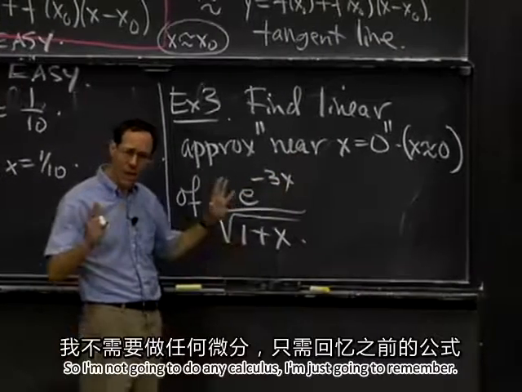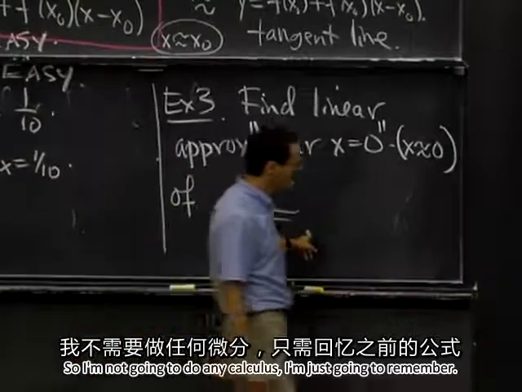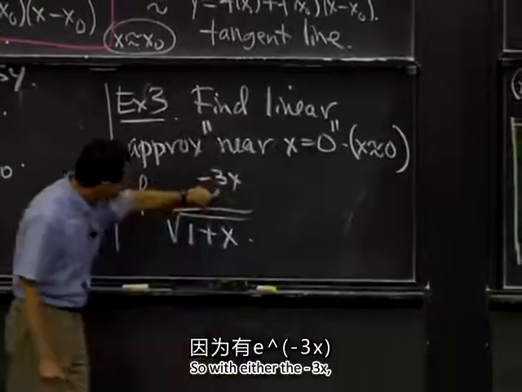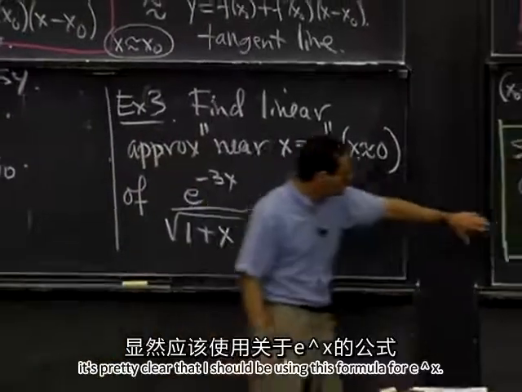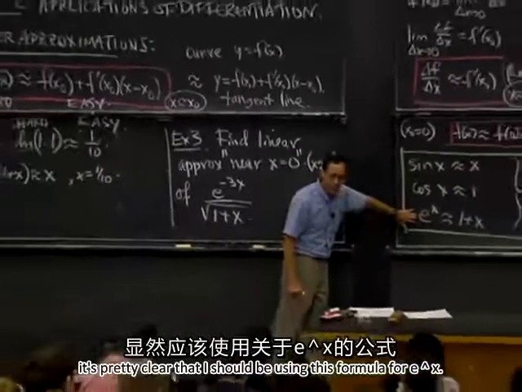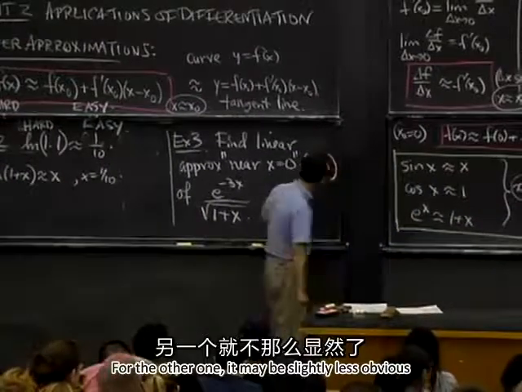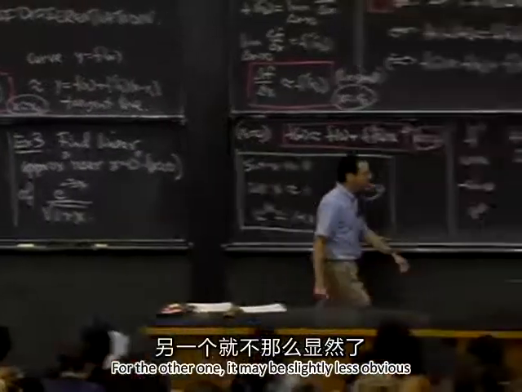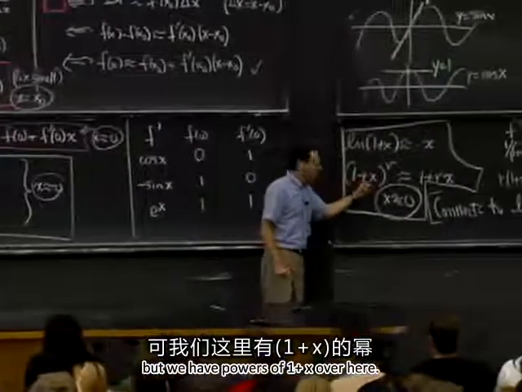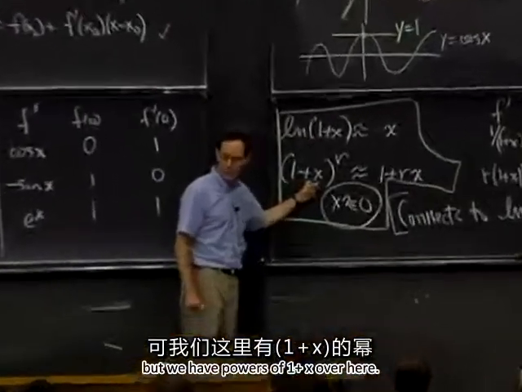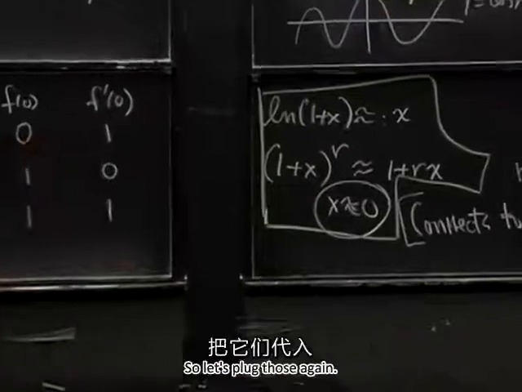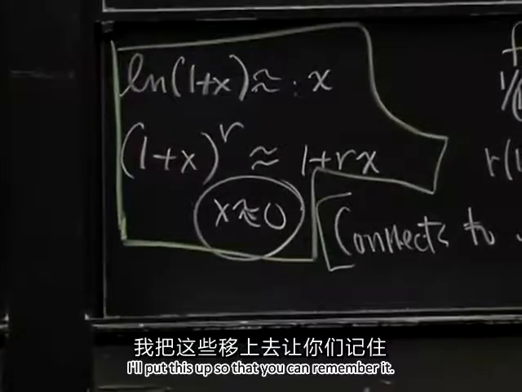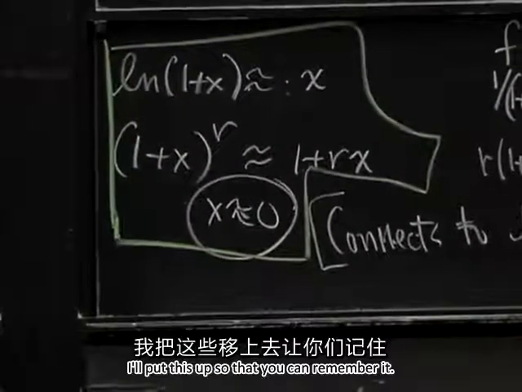So I'm not going to do any calculus. I'm just going to remember. With e to the minus 3x, it's pretty clear that I should be using this formula for e to the x. For the other one, it may be slightly less obvious, but we have powers of 1 plus x over here. So let's plug those in. I'll put this up so that you can remember it.